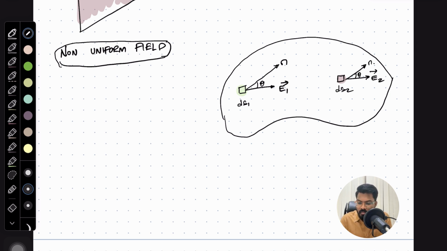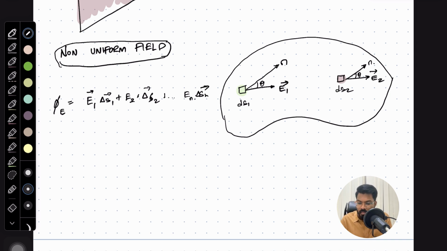Now in this case, the electric flux phi is given by E1 dot delta S1 vector plus E2 dot delta S2 vector, and we go on up to En dot delta Sn vector.